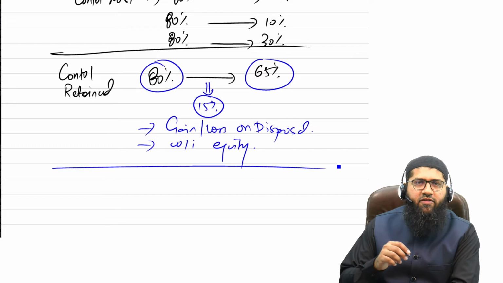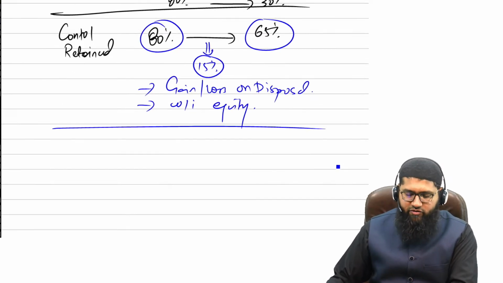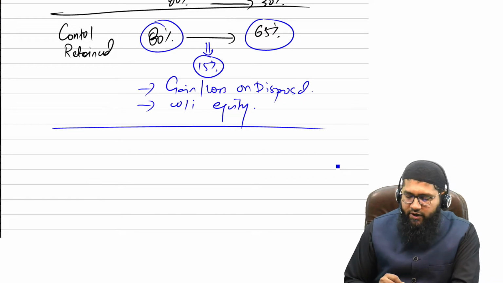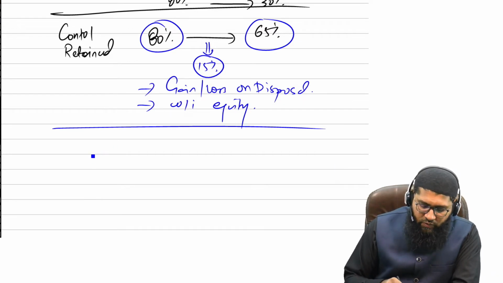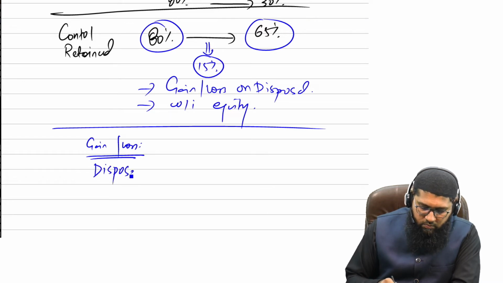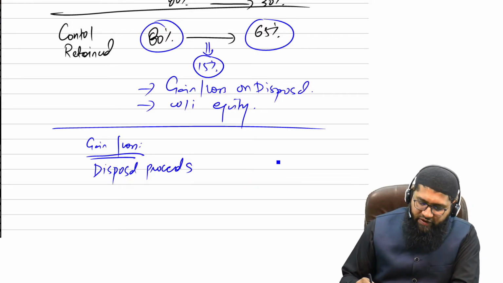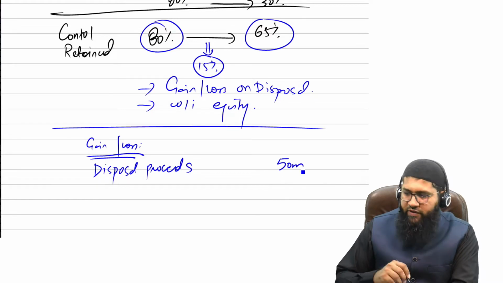Now, how exactly is it all going to happen? Let's try to see this. Let's say the disposal proceeds are 50 million.